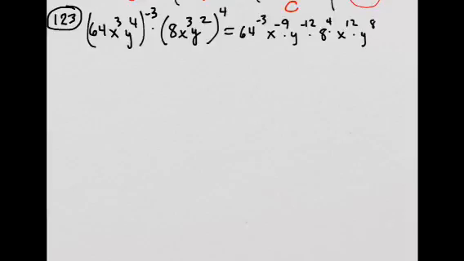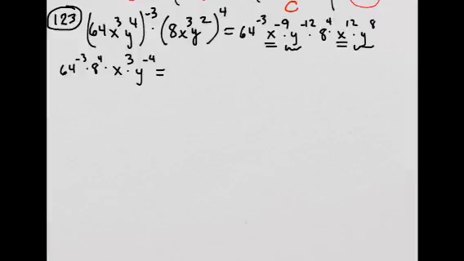Okay, so now I'm going to combine the like terms. I'm going to multiply those together. So this with this becomes 64 to the -3rd, 8 to the 4th, and then x to the -9 and 12, that's 3. And then the y's, you add them, right?